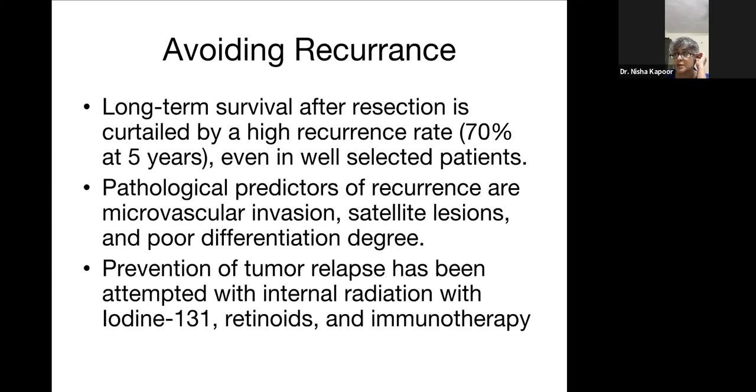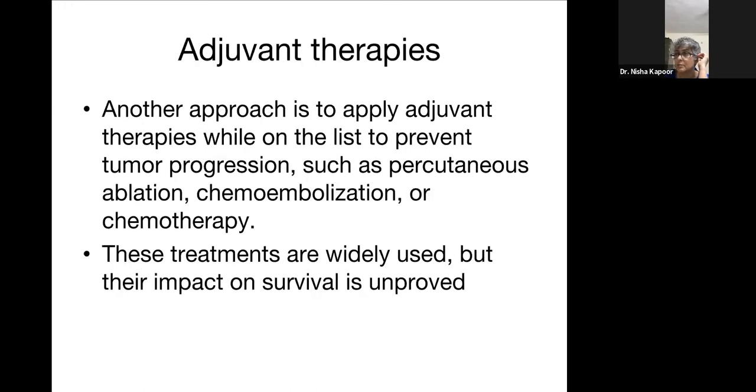Pathological predictors of recurrence will be microvascular invasion, satellite lesions, and poor differentiation degree of the malignancy. Prevention of tumor relapse has been attempted with internal radiation with iodine-131, retinoids, or adjuvant therapy with immunotherapy, including percutaneous ablation, chemoembolization, and chemotherapy, to avoid the recurrence.